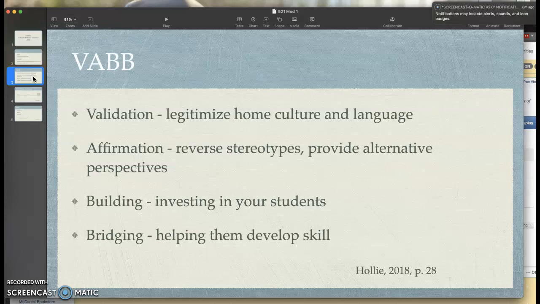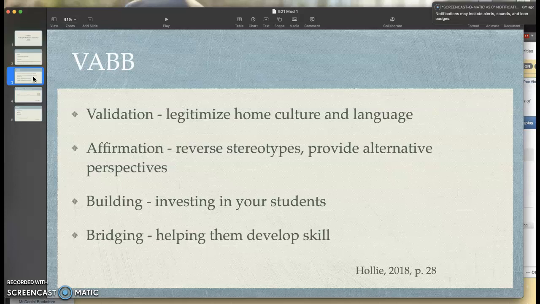First B is for building. How do we invest in our students? How do we invest in our students by understanding their culture and understanding their linguistic behaviors? And then finally, how are we bridging our students? How are we helping them to develop the skills that they will need beyond the classroom?